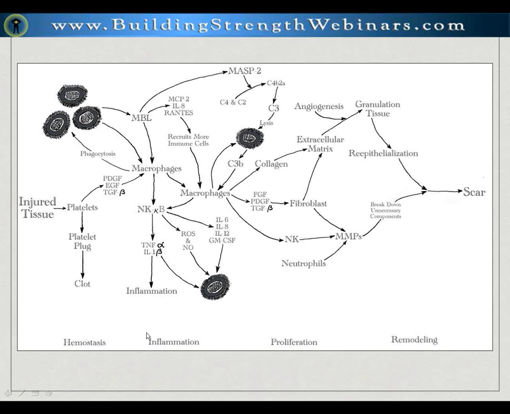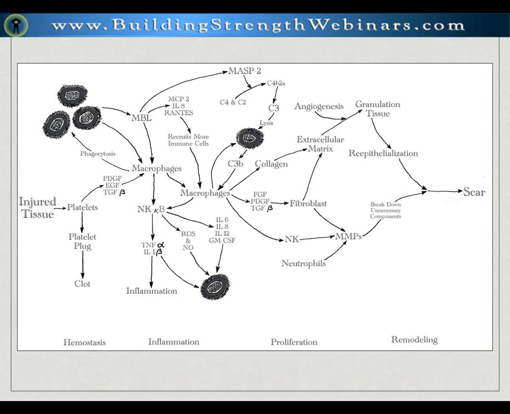Okay, a lot of different textbooks talk about the phases of wound healing, and most of them talk about 4 phases, and they are hemostasis, inflammation, proliferation, and remodeling. And if you can see this drawing, macrophages are involved in all aspects of this wound healing process, and it's the only cell that is involved in all aspects.